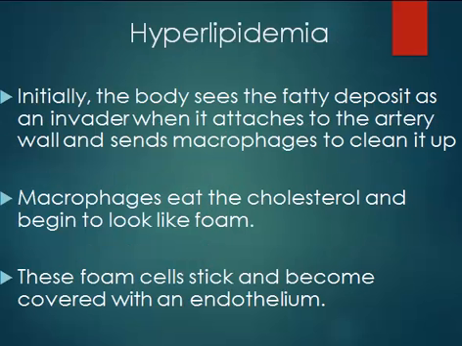So initially, when the body senses these fatty deposits developing in the interior wall of the artery itself, it almost views it as an infection. And it ends up sending these macrophages, which are part of our immune response, to actually eat up the fatty deposit.